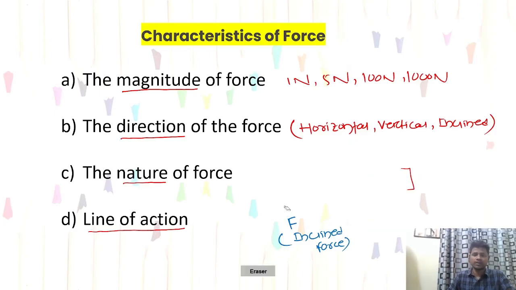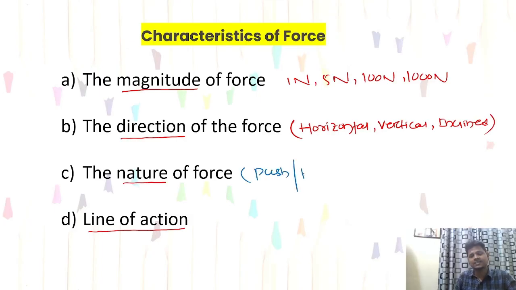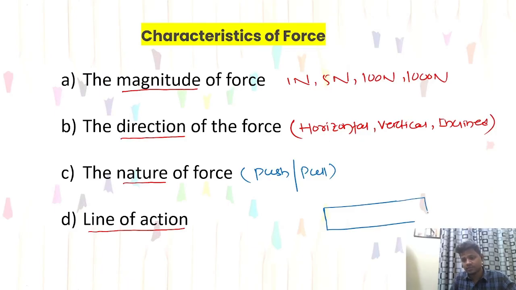Then the third one is the nature of forces. Basically there are two natures. First, the push nature, and the second, the pull nature. Let's say this is the body, a rigid body.